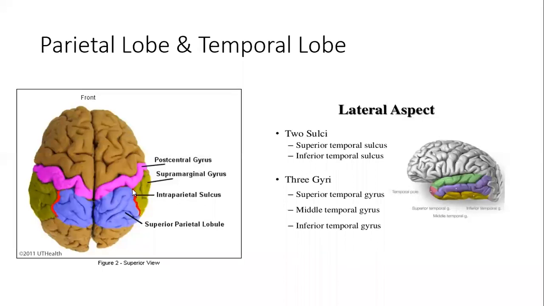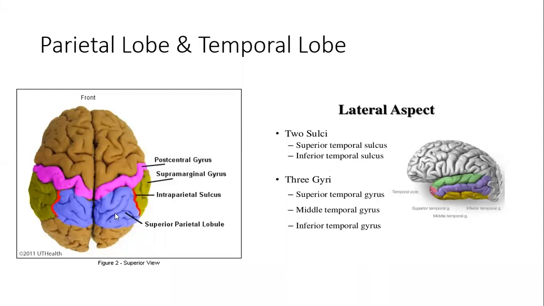So why is it called intraparietal? Intraparietal means it is within the parietal lobe of one cerebral hemisphere. And it is basically dividing the parietal lobe of the same cerebral hemisphere into two lobules.